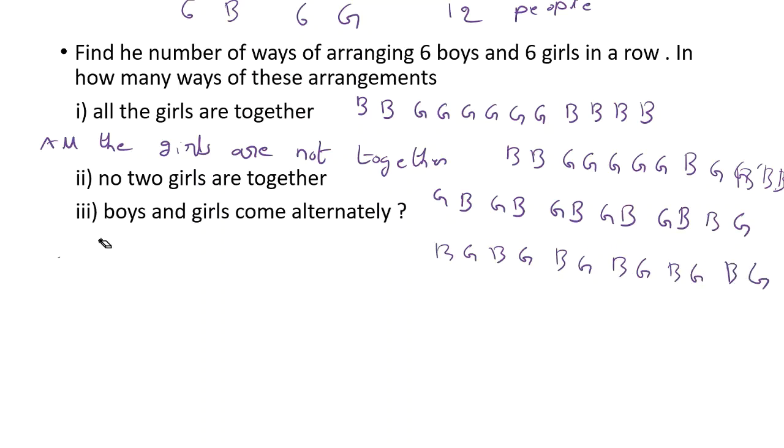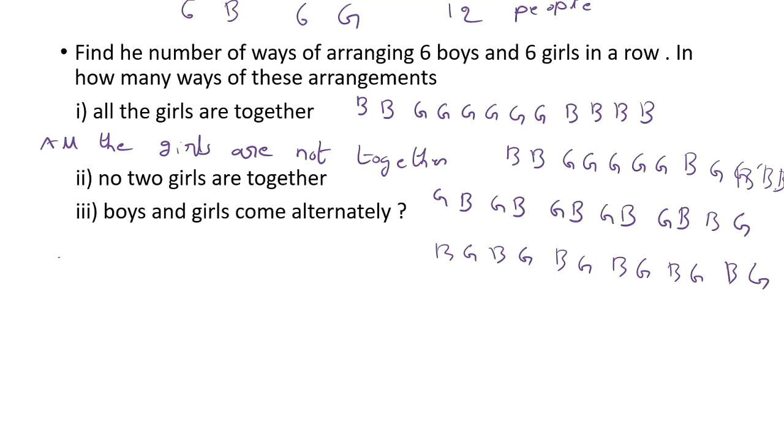In the fourth one, boys and girls sit alternatively. So this is an arrangement in which boys and girls sit alternatively. So no boy can sit beside a boy and no girl can sit beside a girl. So these are the examples for this one. But they are not asking us to give a few examples. They are asking us to find out how many such arrangements are there.